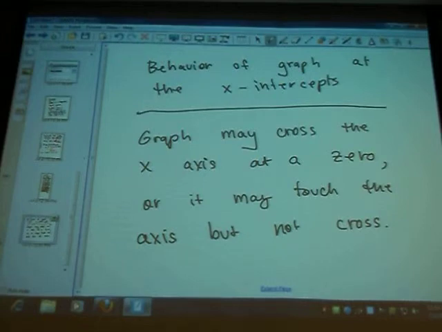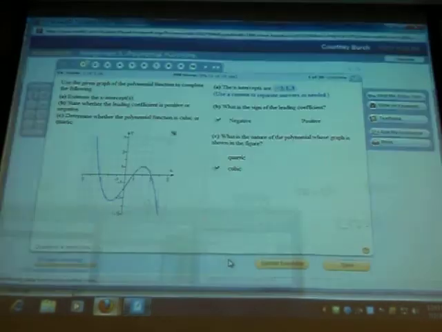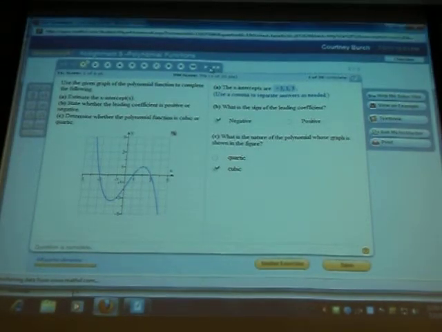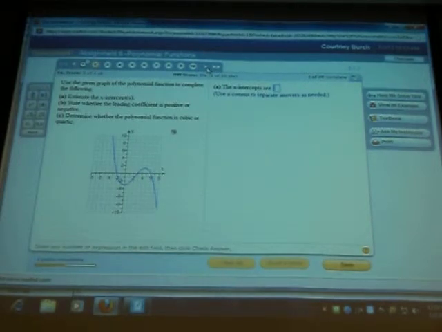Well, it's just an x-intercept wherever it touches it. It's still an x-intercept. Now we're going to talk about that more next time, when we talk about actually finding the zeros. You'll have to figure out what actually is happening at those zeros.